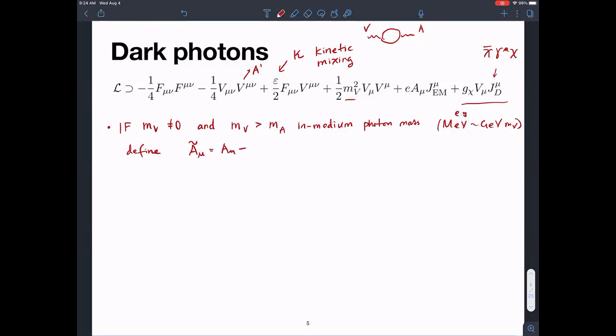And so we can define a new field, which is the photon field minus a small mixture of this dark photon field. And the reason we do that is there's no photon mass, or basically the photon mass is negligible. So if we make this definition, the only thing it does in terms of the kinetic terms is from here, it'll introduce an additional term which will cancel off the kinetic mixing.